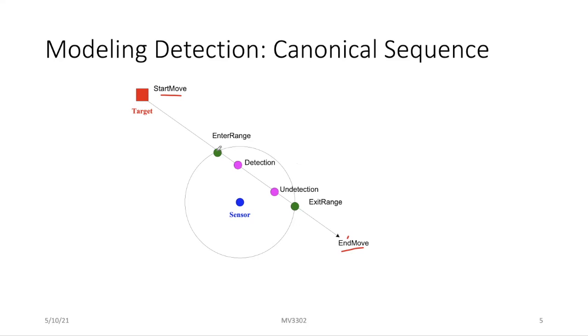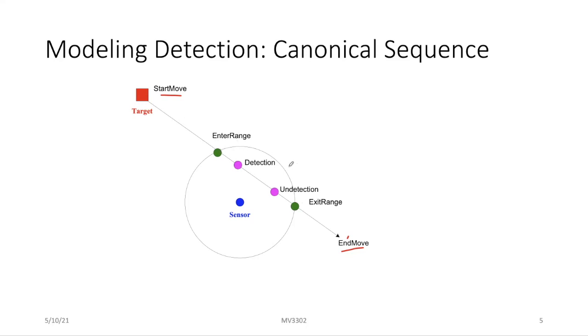All right, okay, so here are the potential intervening events. One is, as long as the target is outside the range of the sensor, there's just no chance of it detecting it at all. But then at some point, it's going to step into the sensor's wheelhouse. And so all we're going to say is, okay, from this point on, there's a potential of the sensor detecting the target.